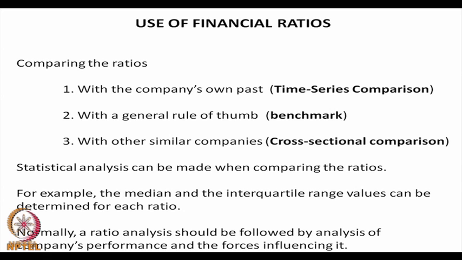In a general rule of thumb, meaning the thumb rule that I had given, the benchmark suggested in the books or the industry average or similar such thing, or it can compare with similar companies known as cross sectional comparison.